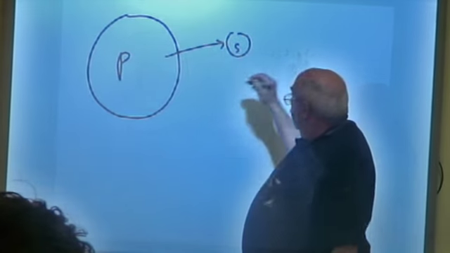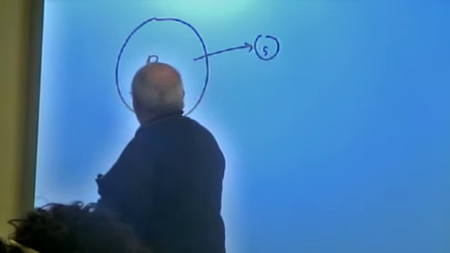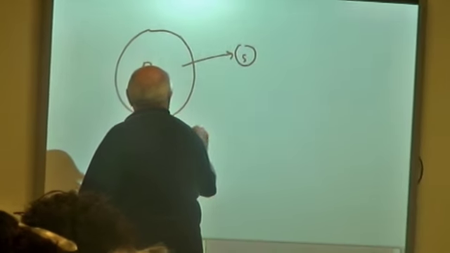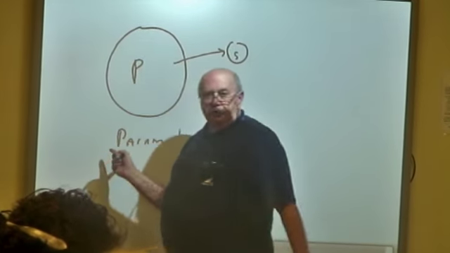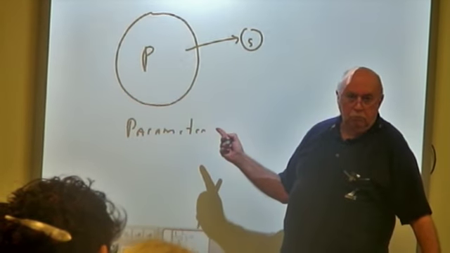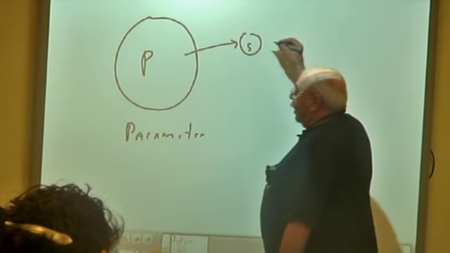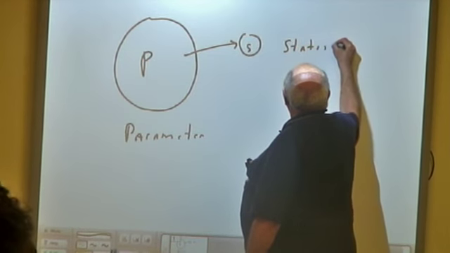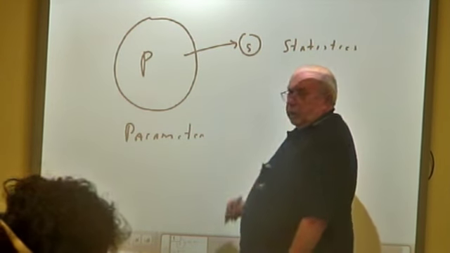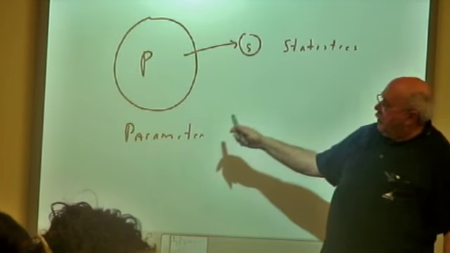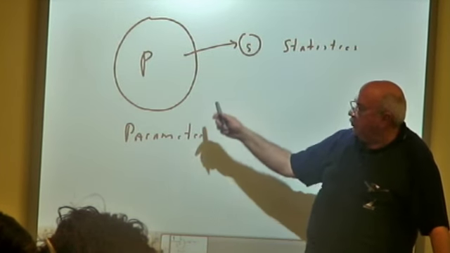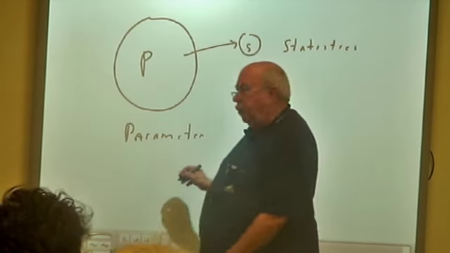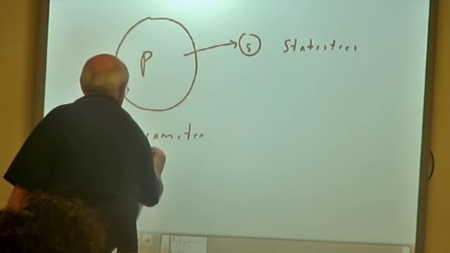All right? The population has parameters. In other words, a parameter is a characteristic of a population. All right? The sample has statistics. The parameters are characteristics of populations, and these are what we show with Greek letters.